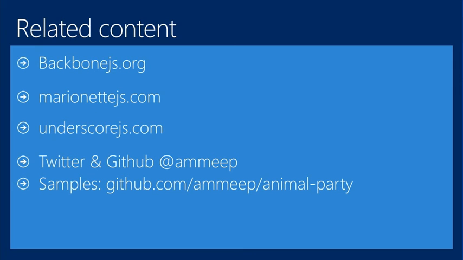Yeah, so the question was around how do you debug memory leaks in Backbone. WebKit has a reasonably good debugging environment, so that's the first point of call. But if you really want to visually see what's in memory at any given point in time, there is a plugin for Chrome for the WebKit inspector. I forget what it's called. I'll look it up afterwards. Inside the inspector window, it gives you a view over all of the models that are being instantiated and running in memory, and a view over all of the views.